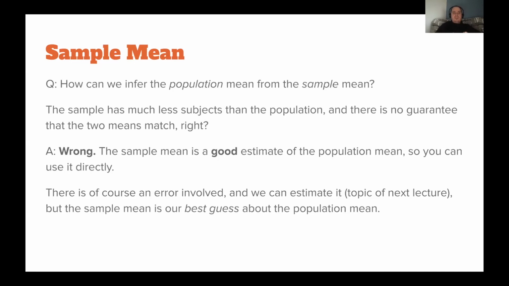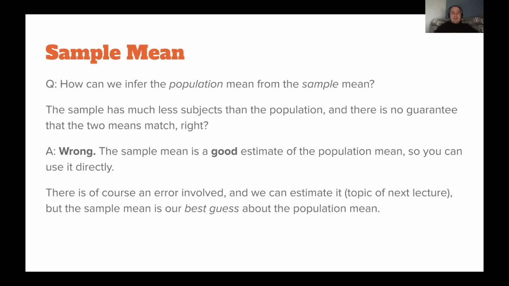But suffice to say that it has been mathematically studied for a long time, decades and decades of people studying statistics, in order to determine that, yes, the sample mean actually is a very good estimate of the population mean. Of course, the larger your sample, the better. The more points you sample, the better will be your estimate. But even smaller samples sometimes have good estimates of the population mean.